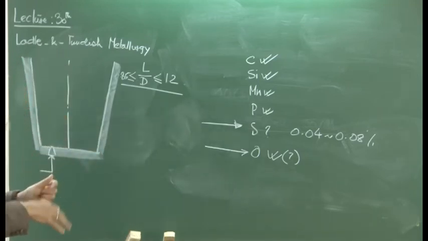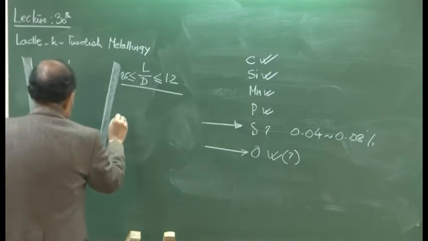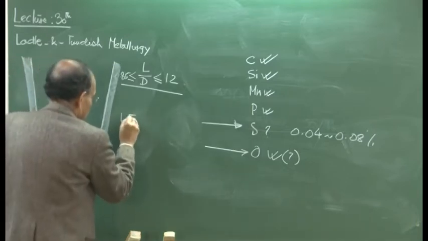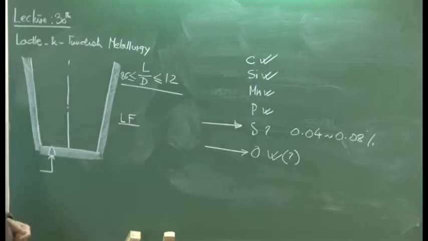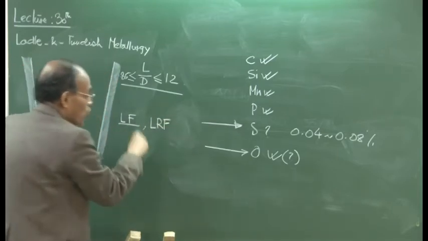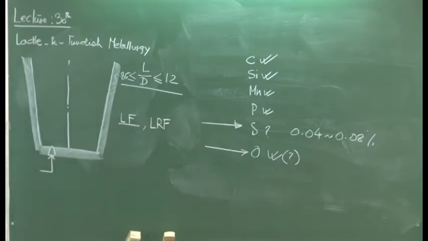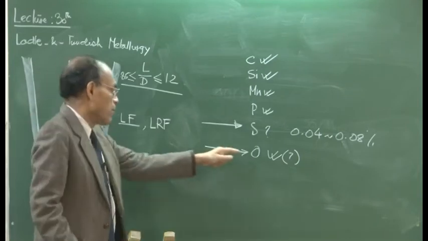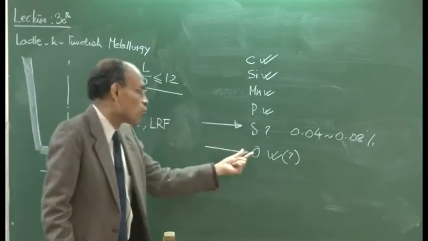It is during the post-tapping stage in the ladle furnace. This is called ladle furnace, or also called ladle refining furnace, because some further refining is going to be taking place. Okay? So, some adjustment beyond tapping will be carried out as far as oxygen is concerned.